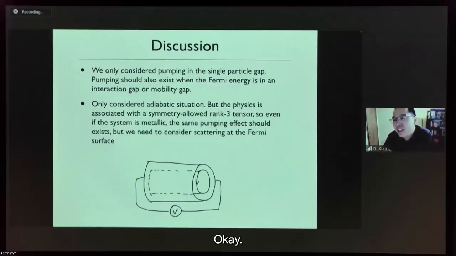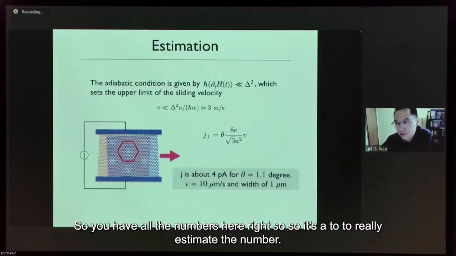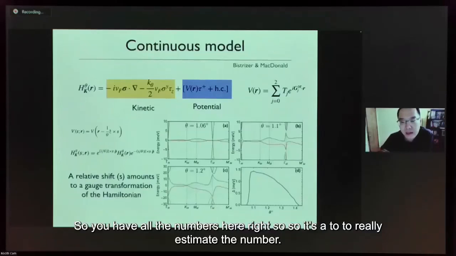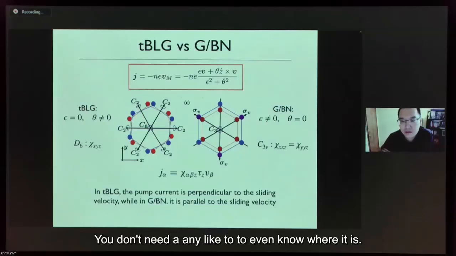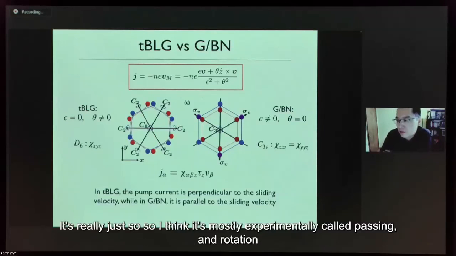But yeah, you have all the numbers here. To really estimate the number, it's really just a simple moving potential estimation. So I think it's mostly experimental: how fast you can rotate, how small a current you can measure, those kinds of things.